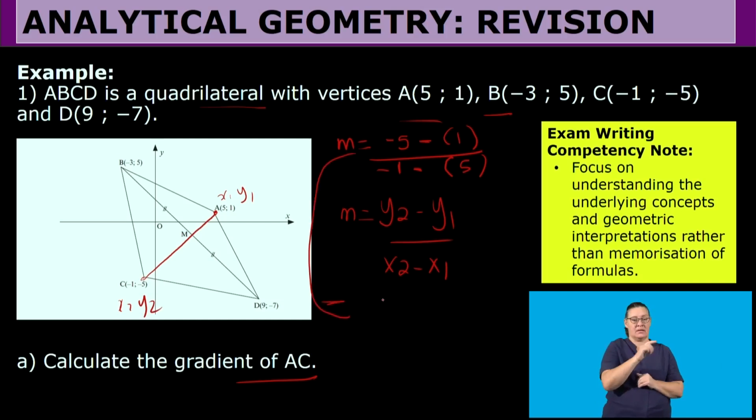Minus 5 minus 1 is going to give me negative 6, all over minus 1 minus 5 at the bottom, that's going to give me negative 6 as well. So my gradient for this line AC is 1. Negative 6 divided by negative 6 is 1. So therefore the gradient of AC is 1.